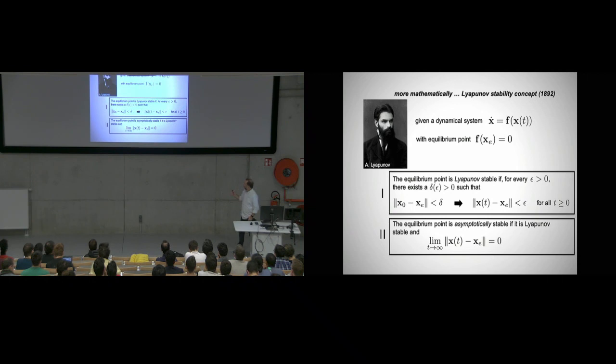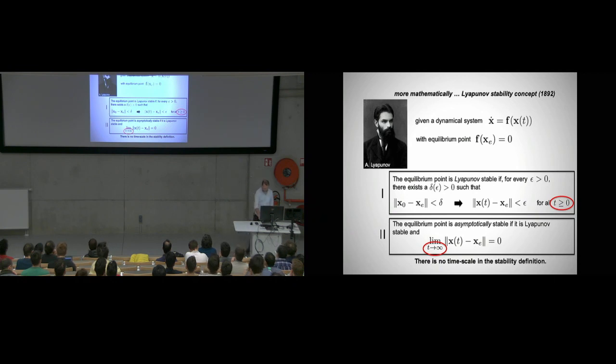But you should notice one thing in both definitions: this is for all t, and this is t to infinity. For all t and t to infinity basically means there's no time scale in the stability definition. As long as this thing eventually returns back to the equilibrium state, we're going to consider it stable.